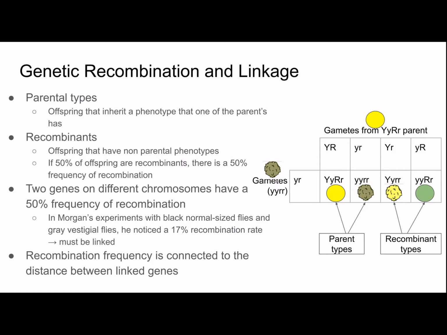And as you can see, 50% of the offspring have parental types. They have the same phenotypes as the parent, and 50% have different phenotypes. Those are the recombinant types. So this is what happens if the two genes are not linked, if they're inherited independently.